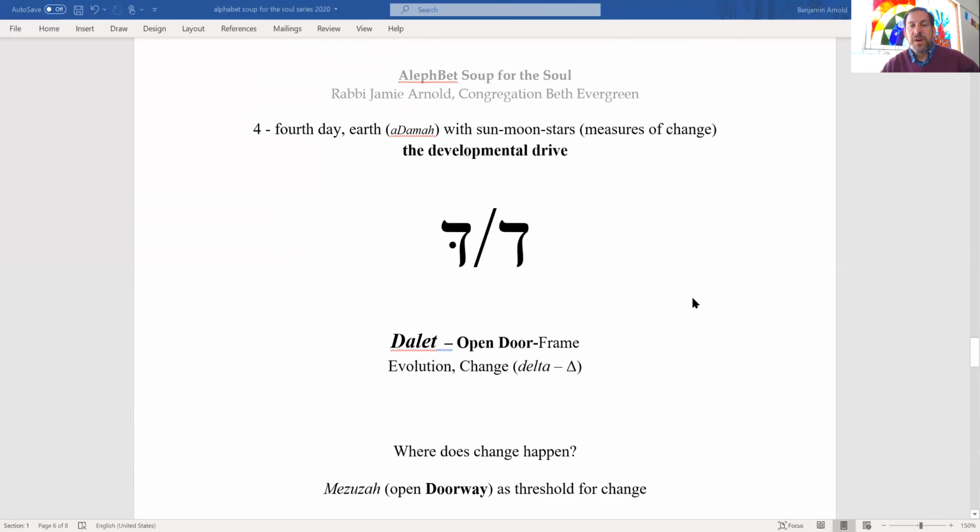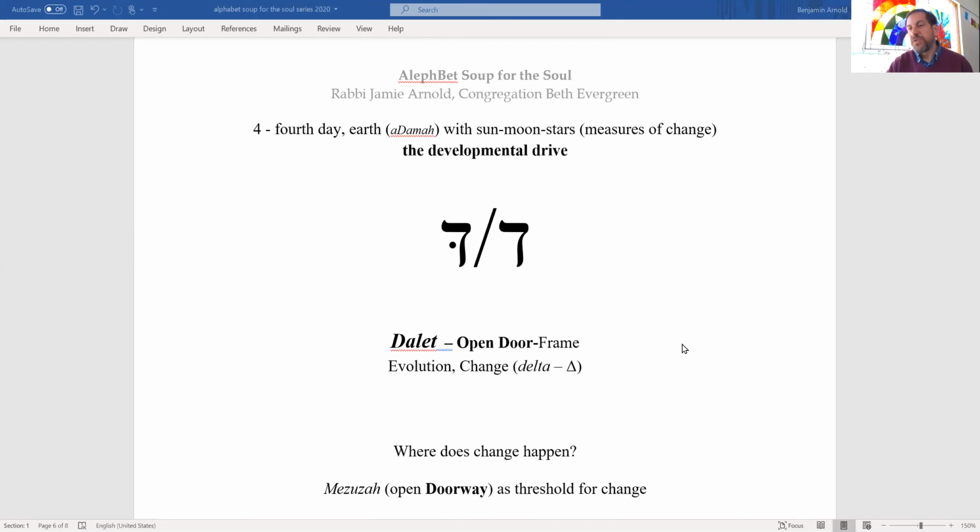Like I mentioned before, on the fourth day, with the earth now established, now we're putting the earth in relationship to the sun, moon, and stars, which are measures of change, how we measure this change in the cycles of nature and season, but also annually how we measure our own growth and evolution.